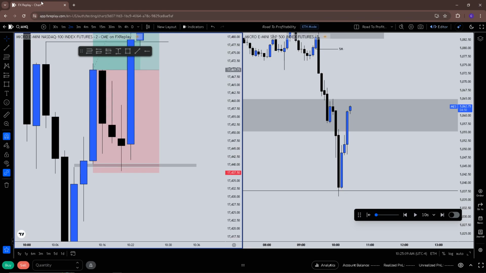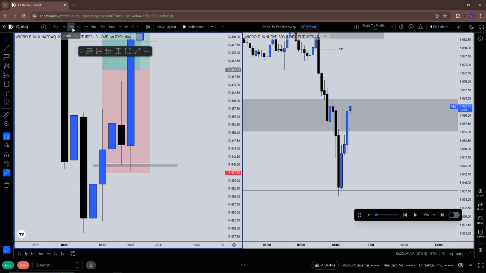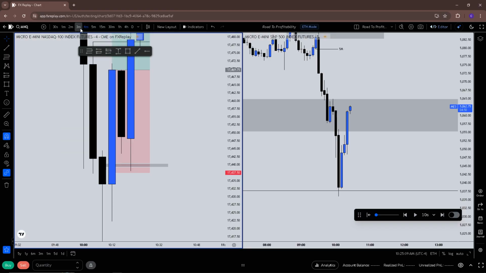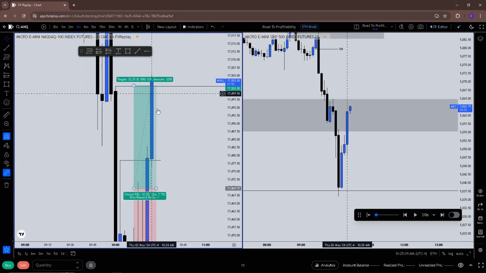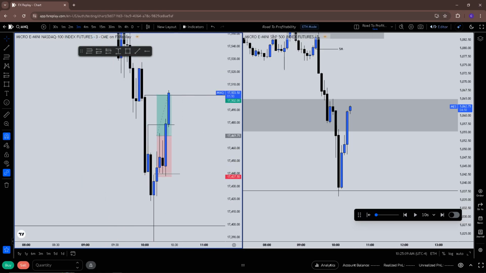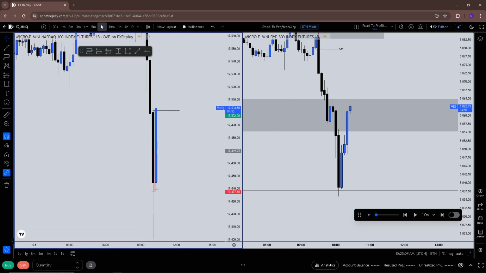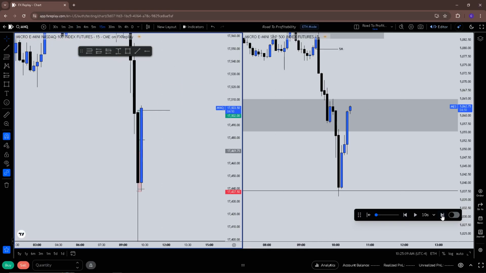Price wanted to come respect this 2-minute that we left unfilled. Same with a 3-minute that we left unfilled. Wow. Before displacing up into the 15-minute. That was incredible. Now let's see if we get a reaction.